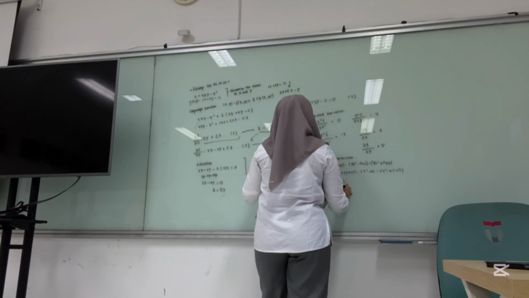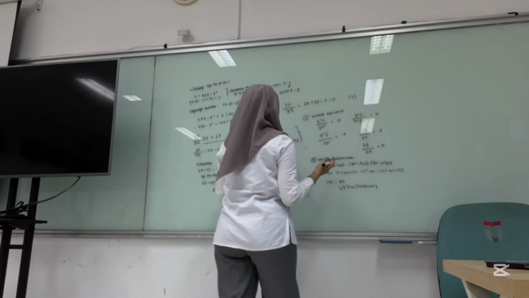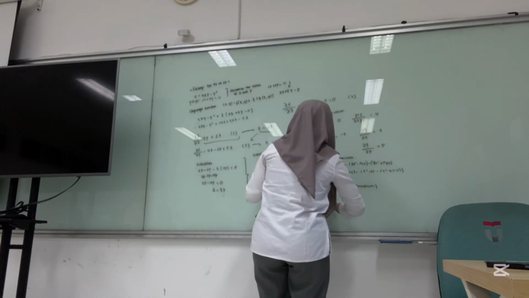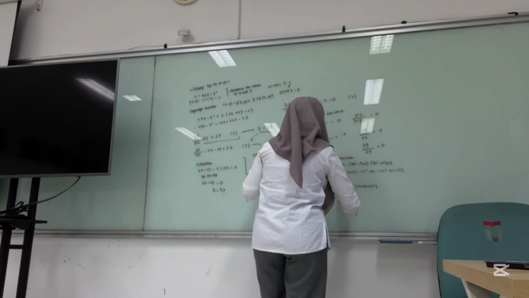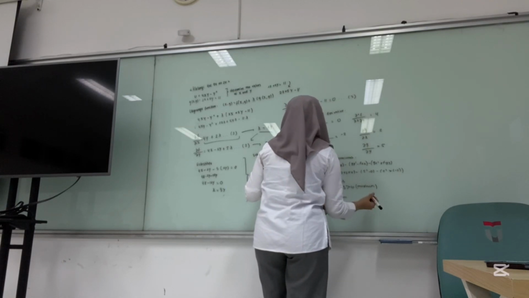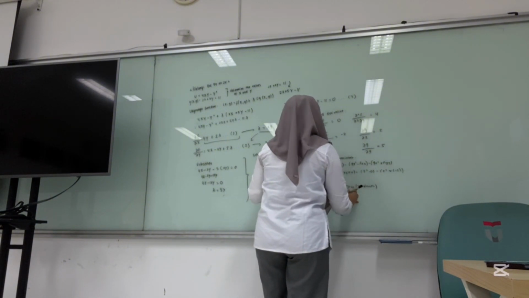And that means that it is a maximum because it's bigger than 0. So the utility maximizing values are x equals 3 and y equals 1.